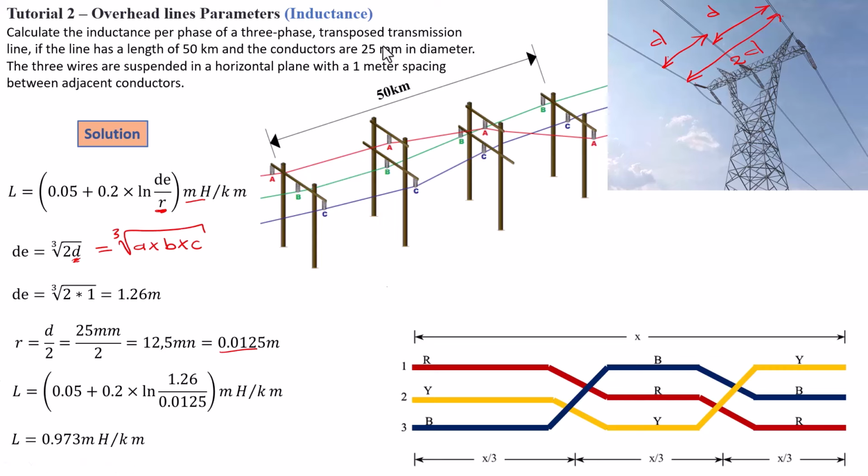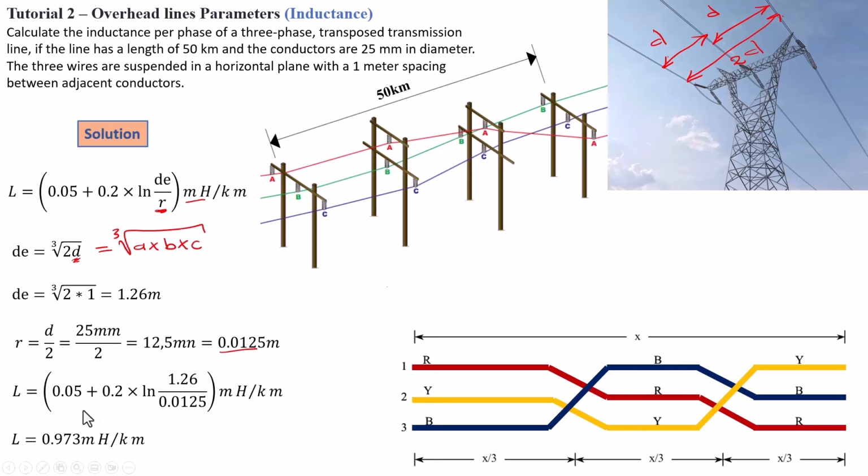So now, based on what's given to us here, 1 meter spacing between A, B, and C, and a 25 millimeter conductor's diameter, we now found an inductance of L is equal to 0.973 millihenry per kilometer. Now, this basically tells us that if you're going to have this kind of configuration structure, that's the inductance that you have.